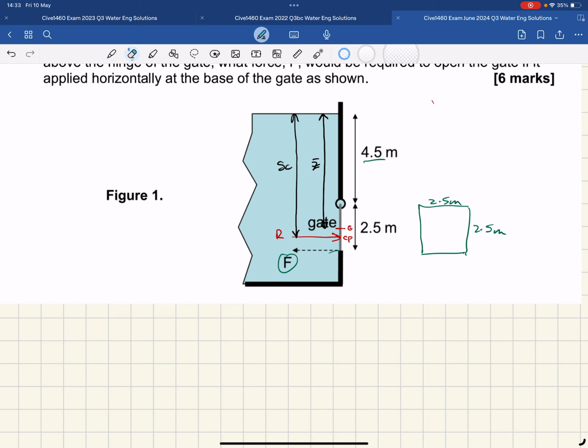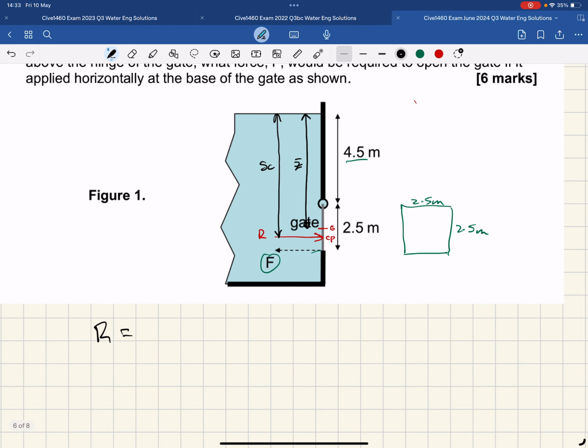So, what's R? R is equal to, as always, pressure at the centroid times the area.